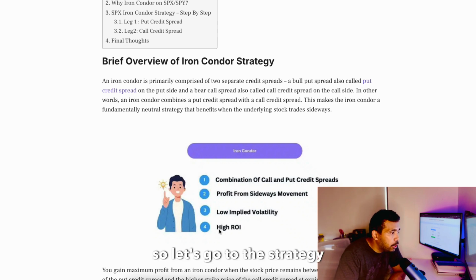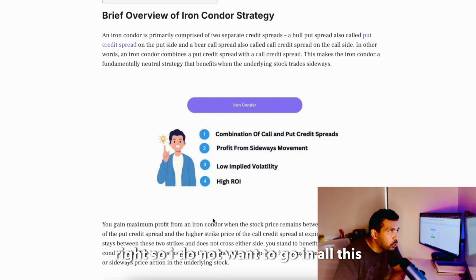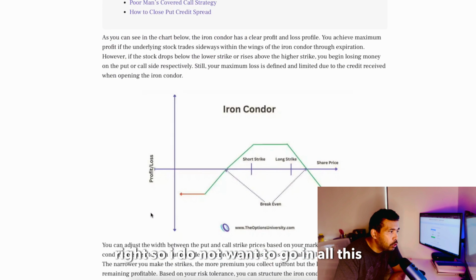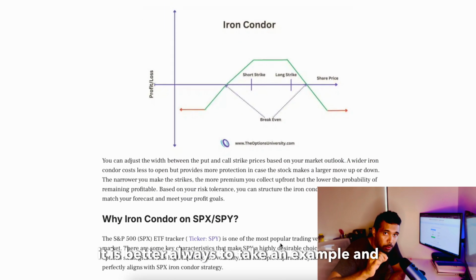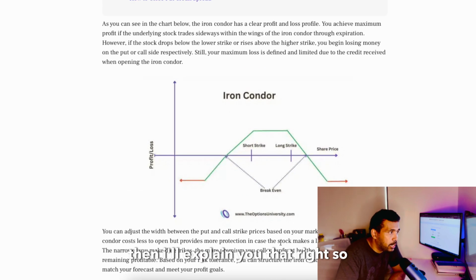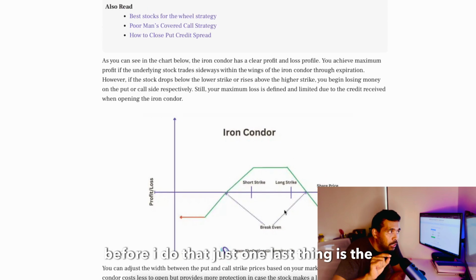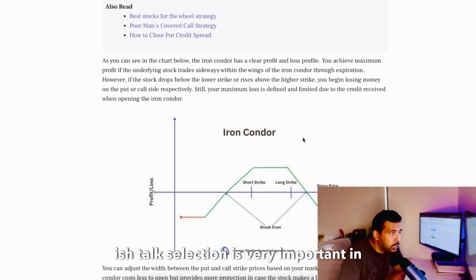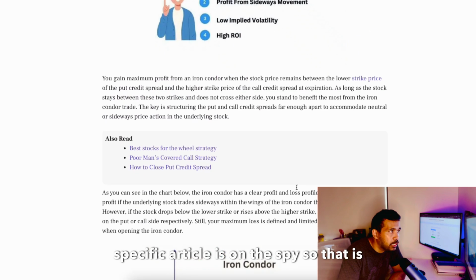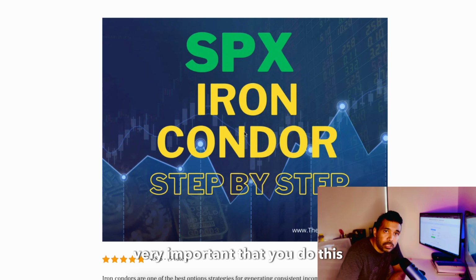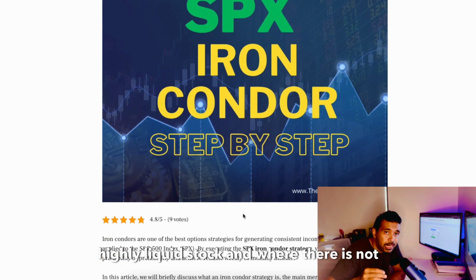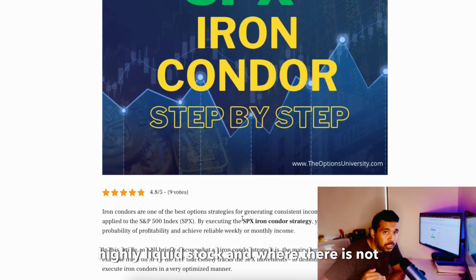Okay, so let's go to the strategy, right? I do not want to go into all this detail here. Instead, it's always better to take an example and then I'll explain that, right? Before I do that, just one last thing: stock selection is very important in the case of Iron Condor. Like I said, this specific article is on the SPY, so it is very important that you do this on a very highly liquid stock where there is not much movement.